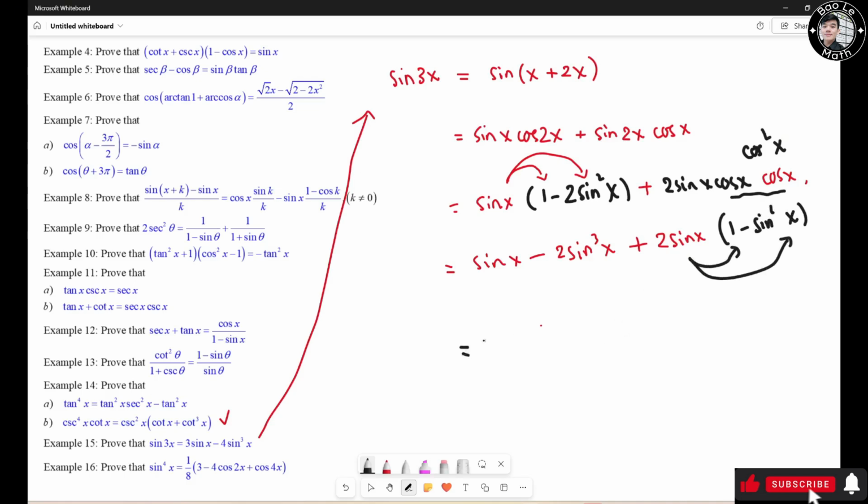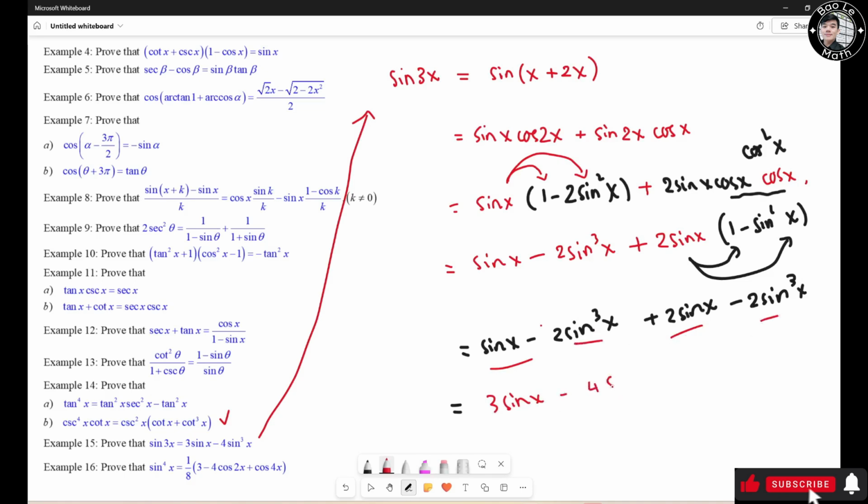So this guy turns out to be sine s minus 2 sine cubed s plus 2 sine s minus 2 sine cubed of s. Now I'm going to combine like terms. This guy turns out to be 3 sine s. This guy turns out to be negative 4 sine to the third of s. Then this one has been proved.